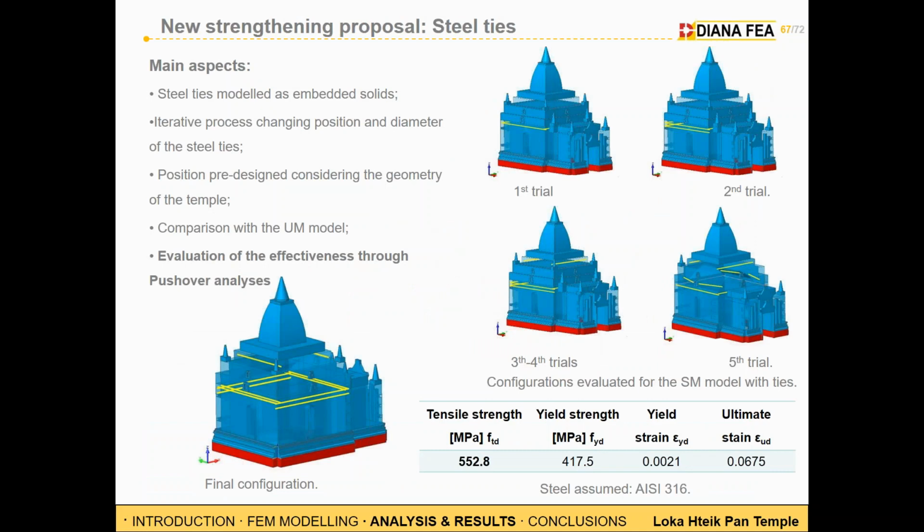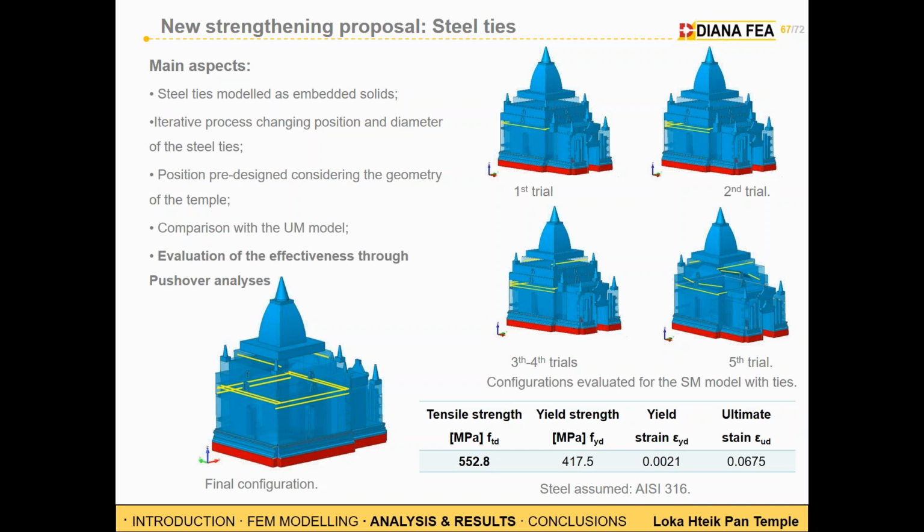At the end, to be more complete, to suggest to local institutions a kind of new strengthening proposal, maybe for substituting the reinforced concrete beam, we suggested using steel ties modeled in FX Plus for Diana as embedded solid, as I showed you before.